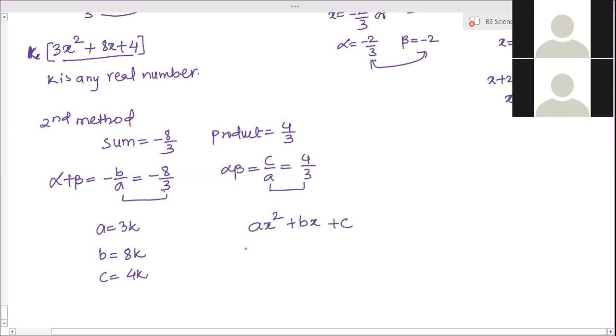So it is 3k into x square plus 8k into x plus c is 4k. Take k common, it is 3x square plus 8x plus 4. This is the required polynomial.